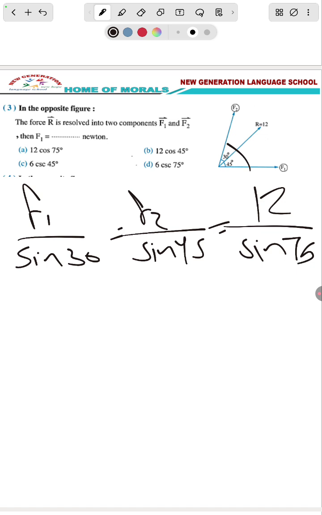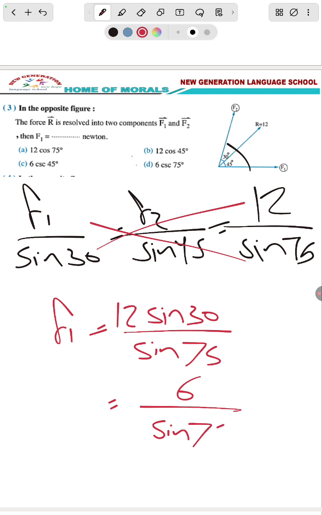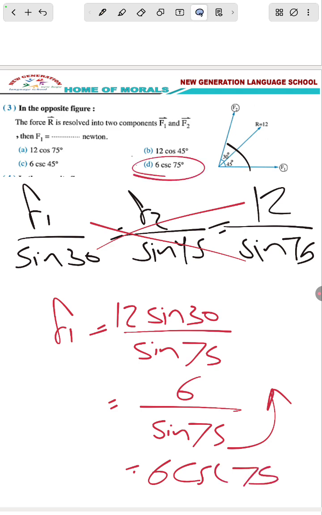So to get F1 we can make a cross multiplication. So F1 equals 12 sine 30 over sine 75. 12 sine 30 will be equal to 6 by using the calculator, over sine 75. The reciprocal of sine 75 is cosec 75, so 6 cosec 75, so the answer will be letter D.